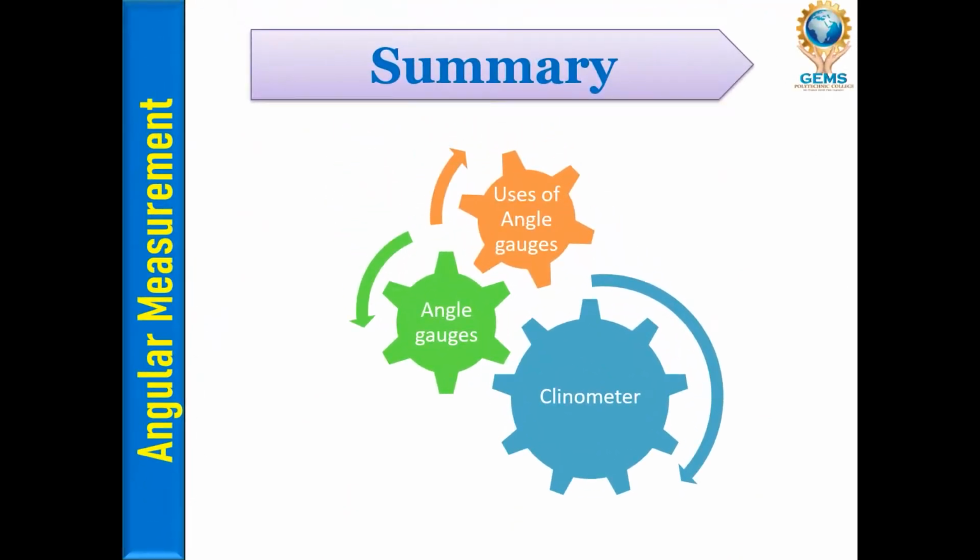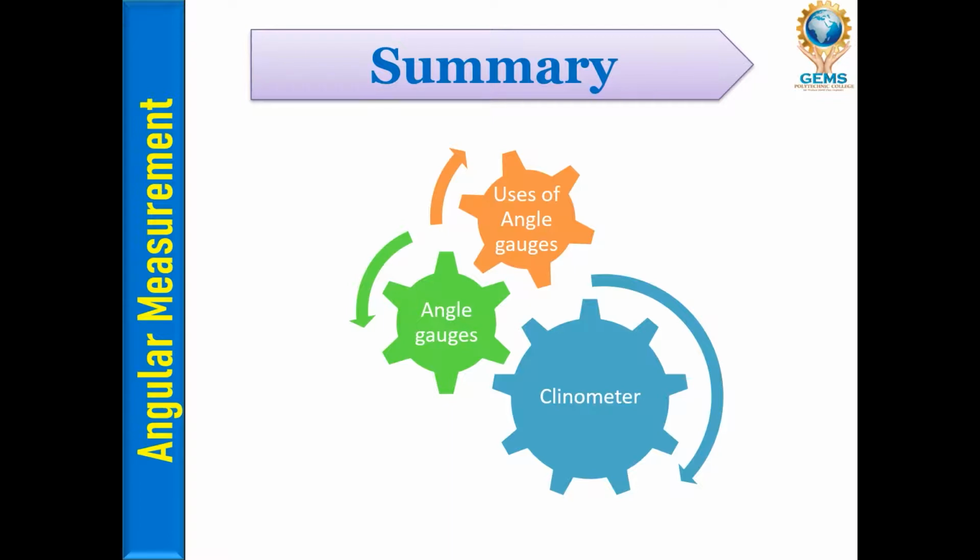So, summary. What we discussed today. First one, clinometer. A clinometer is a device for angular measurement. It has a spirit level, a housing, a circular scale, and a rotating member. When we place the housing, it automatically gives us a reading. And angle gauges are like slip gauges.